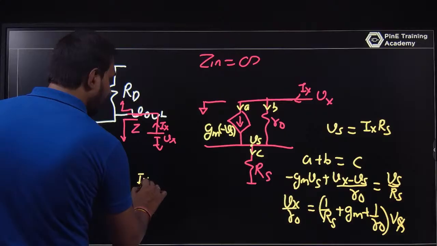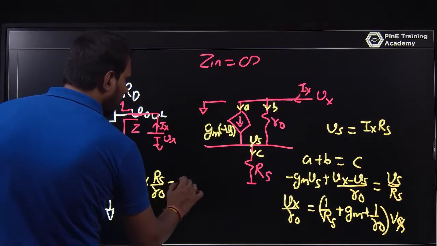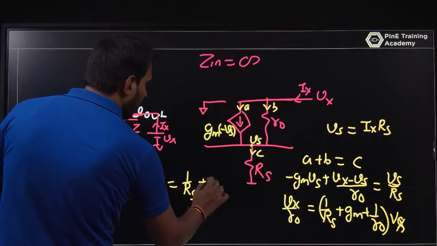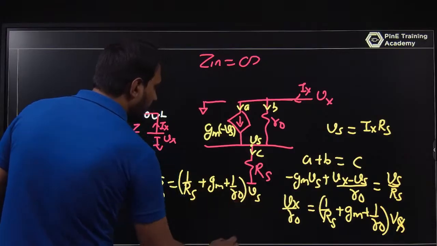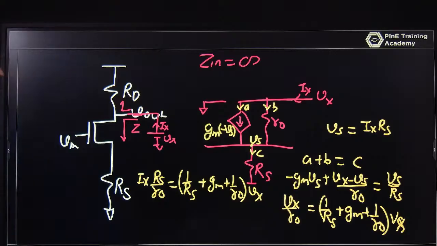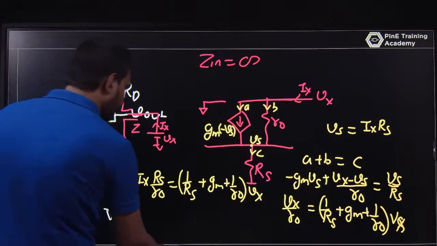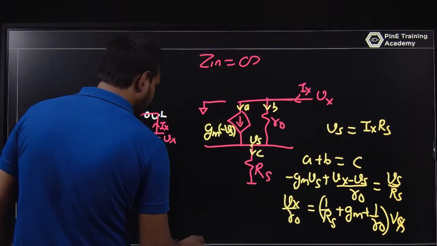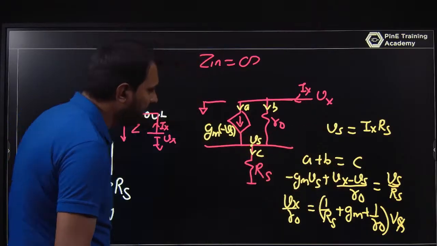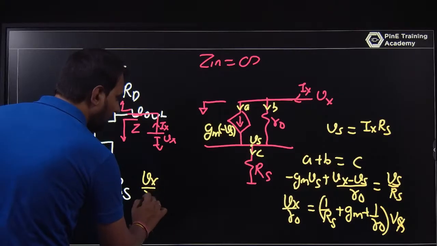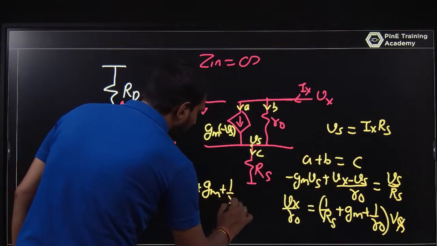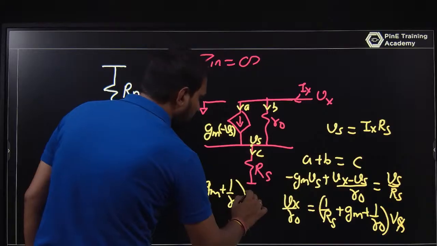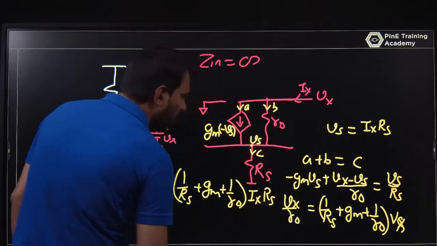That went wrong again. Okay, so Vs is equal to Ix into R naught. Now it is correct.